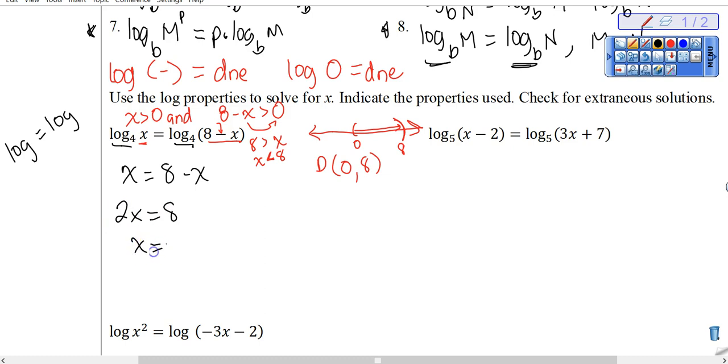Divide by 2, x equals 4. Then I just have to make sure that that's in my domain. Can x equal 4? Yep, so I'm going to write "is in the domain," and this is my expectation for your homework, that you write a justification. Therefore, x equals 4 is your solution. I expect to see that statement.